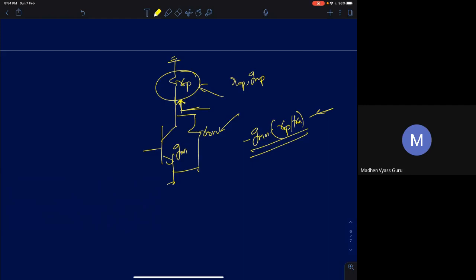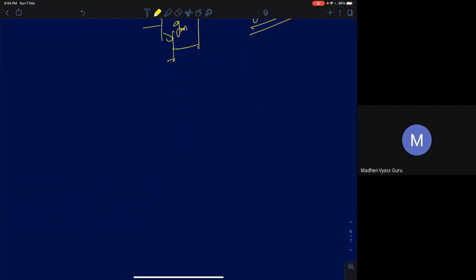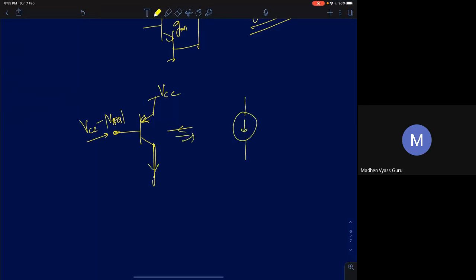Can I repeat the ROP part? Yeah. I discussed in the previous lecture that if you take a PNP transistor and fix your base voltage at a certain voltage, VCC minus mod VB quiescent, then if this transistor is in the saturation region, this circuit will behave like a sourcing current source between VCC and this node. This is because of the active region.